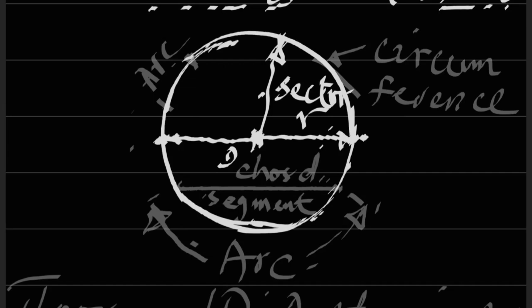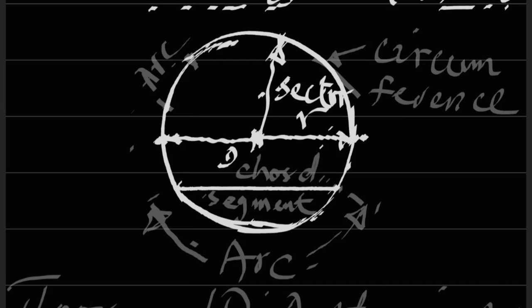Now let's move on to chord. That's the major part that we need for this work today. A chord is a straight line that runs from circumference to circumference. It must not necessarily pass through the center. A line that runs from circumference to circumference through the center is diameter.